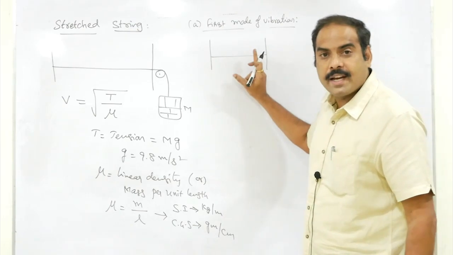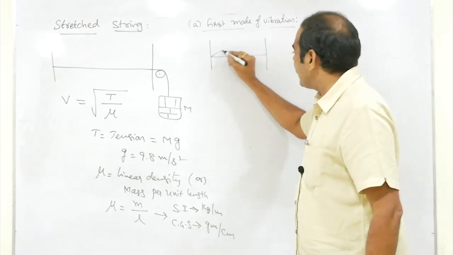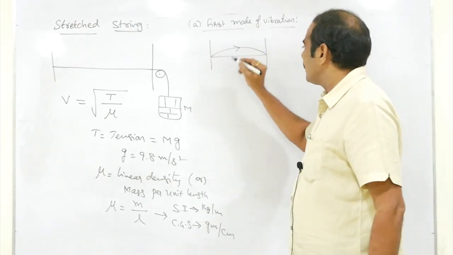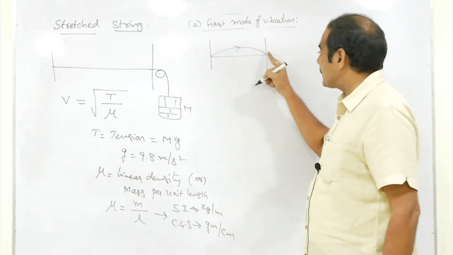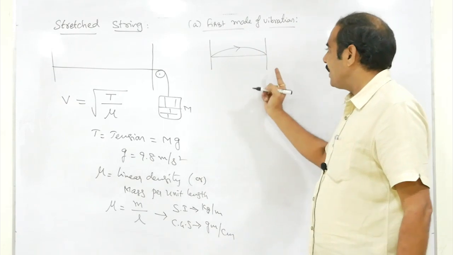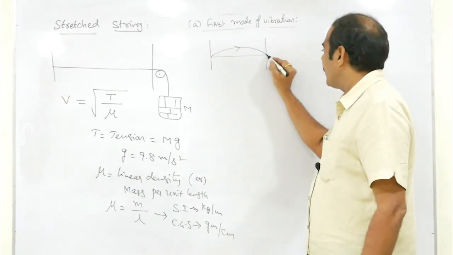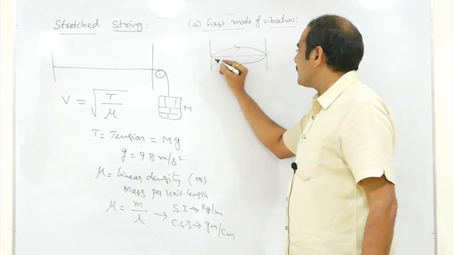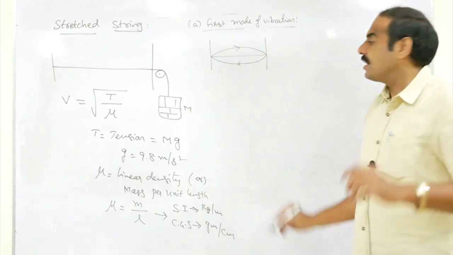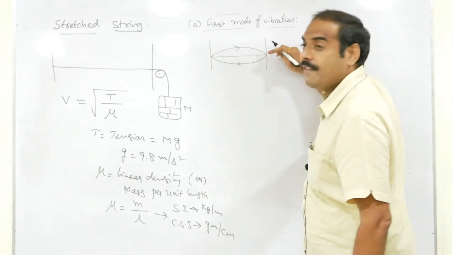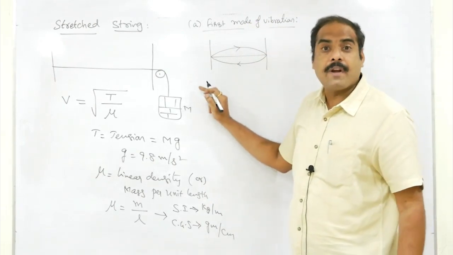If you plug the string at the middle and it vibrates like this, a transverse wave moves like this, and at the rigid support it reflects back, again returning to the same position in the opposite direction. So this is the original wave and this is the reflected wave.